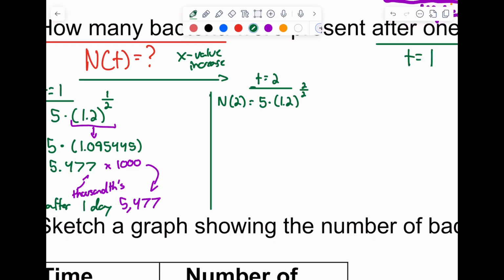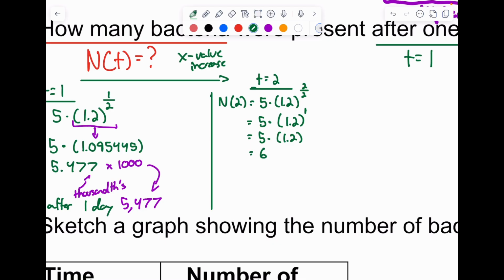So this is equal to 5 times, well, 1.2 to the power of 2 over 2 is the same thing as 1.2 to the power of 1. So that's just equal to 5 times 1.2. And 5 times 1.2 is 6. Again, it's measured in thousands, so multiply this by 1,000.